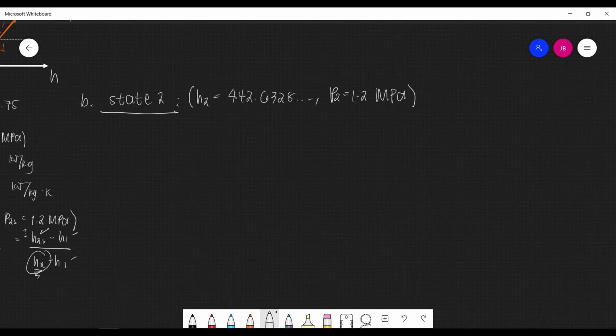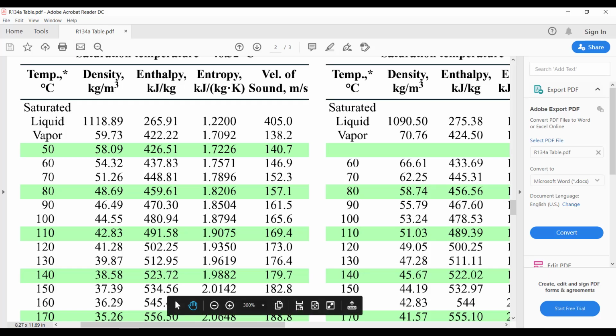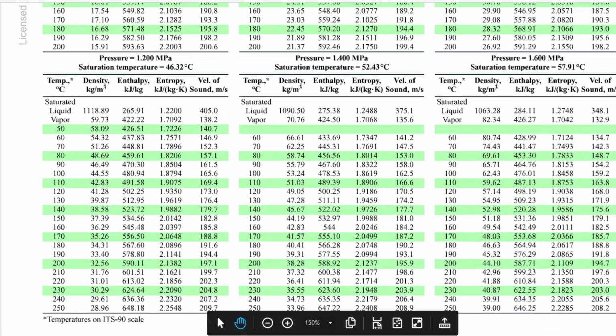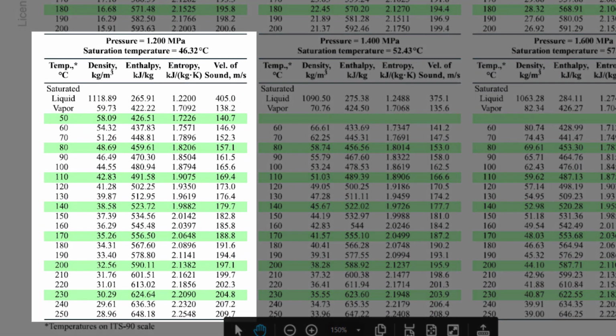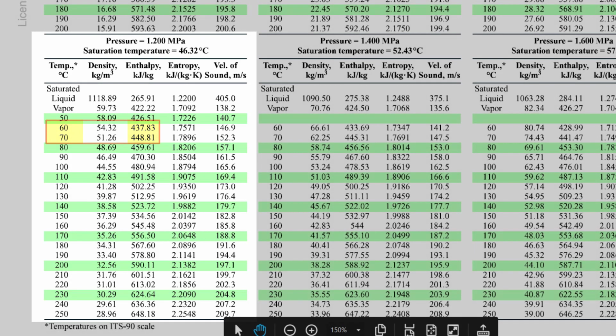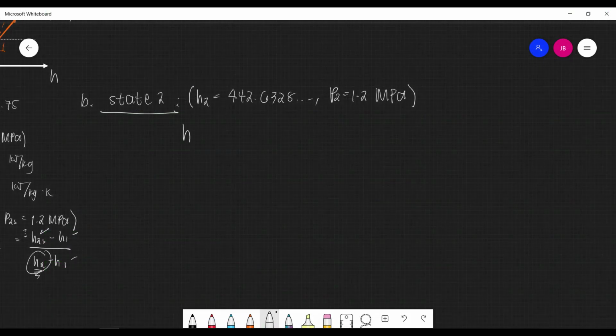So now, inspecting our superheated tables, we have 1.2 megapascals over here, and the enthalpy appears to be located somewhere in between 437.83 and 448.81. So let us just copy these enthalpies together with these temperatures. We have our H versus T.